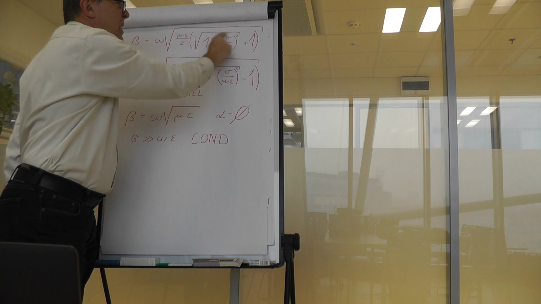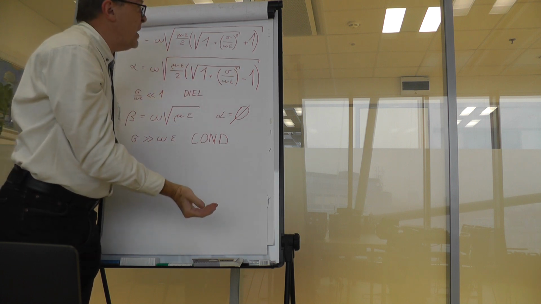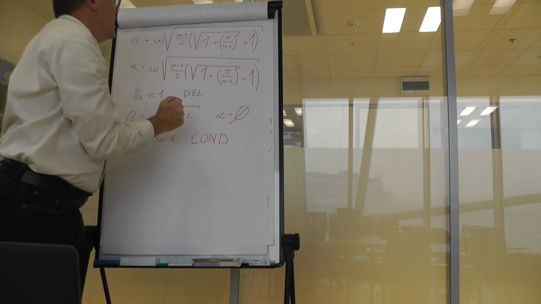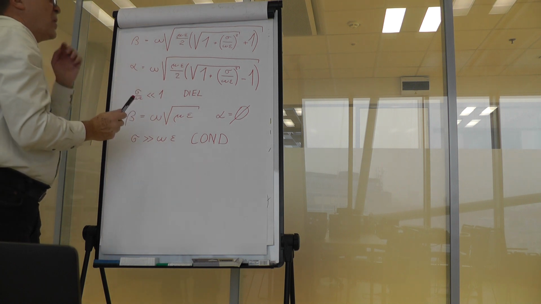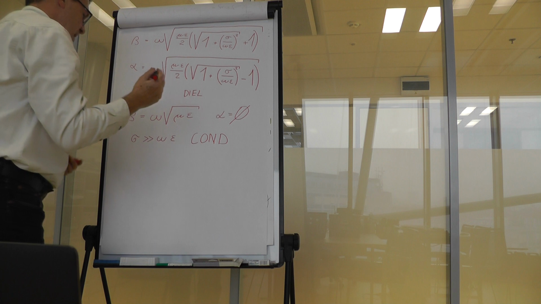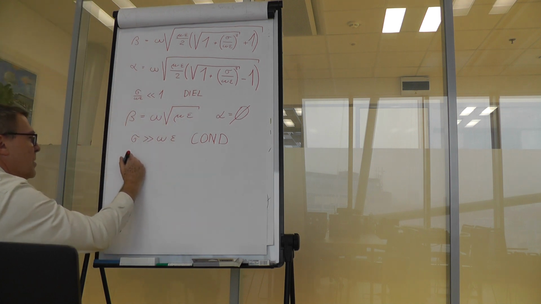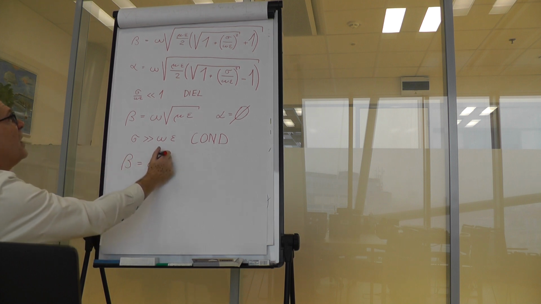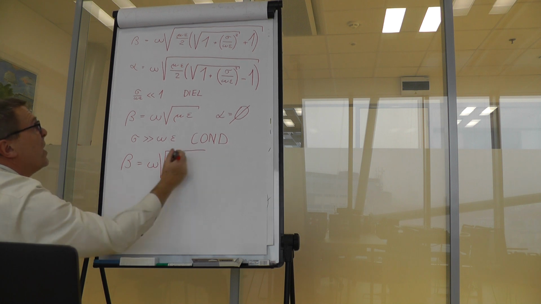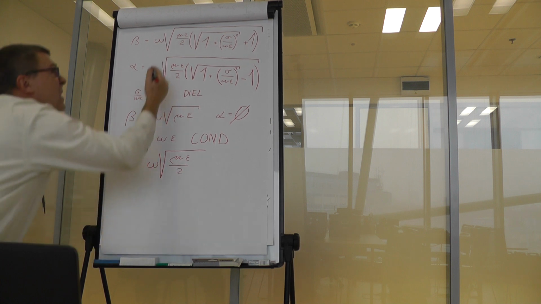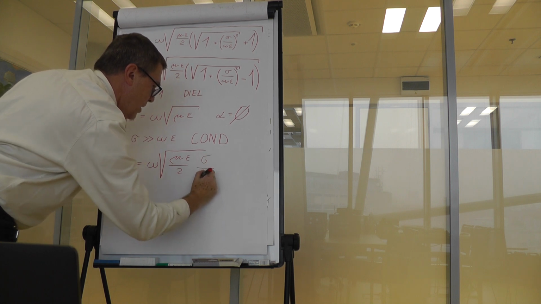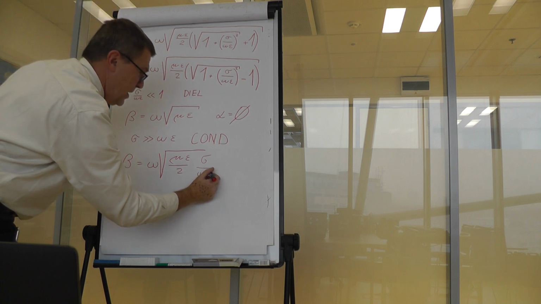A square root of a second power is the original fraction, which is much bigger than unity, so we can neglect this unity, and we obtain an equation that tells us that beta is omega times a square root of mu epsilon divided by 2 times sigma over omega epsilon.